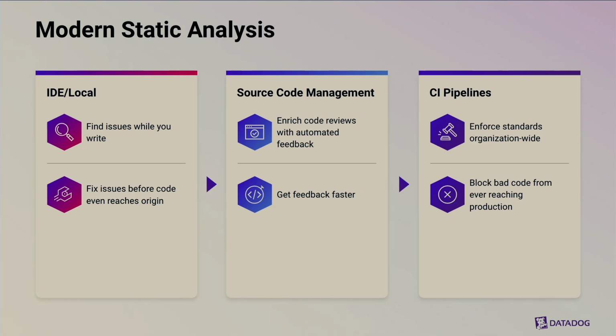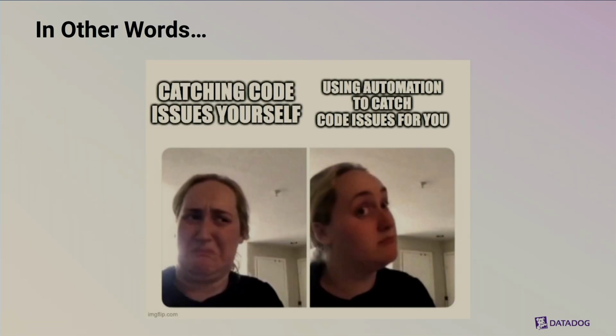And then modern static analysis tools will typically integrate with different dev tools, and that gives us the benefit of being able to speed up the code review process while also maintaining an organization's quality standards or security practices. So in other words, the benefits of having static analysis and quality gates working in tandem look something like this.